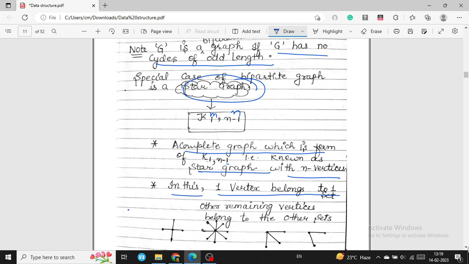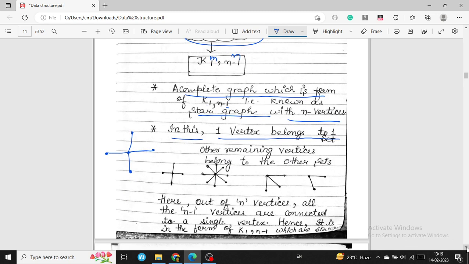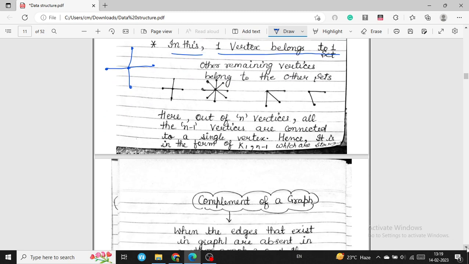You can see here one vertex is connected to all the other vertices. This is known as a star graph. Here, out of n vertices, all n minus 1 vertices are connected to a single vertex. Hence it is of the form K(1, n minus 1), which is a star graph.